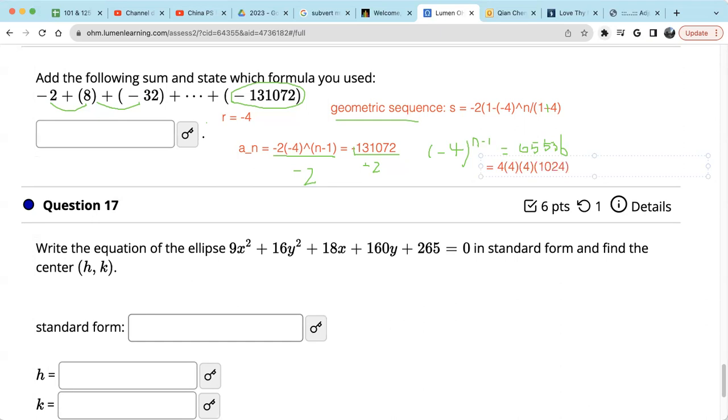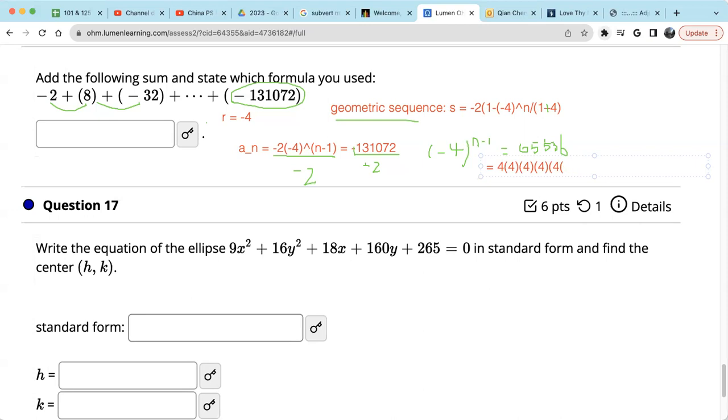I think that's 4 raised to 5. Let's divide by 4 again, I get 256. 256 divided by 4 is 64. 64 divided by 4 is 16. 16 is 4 squared.